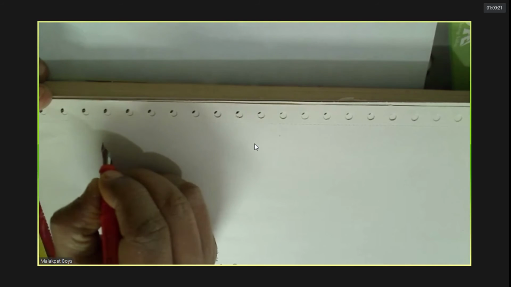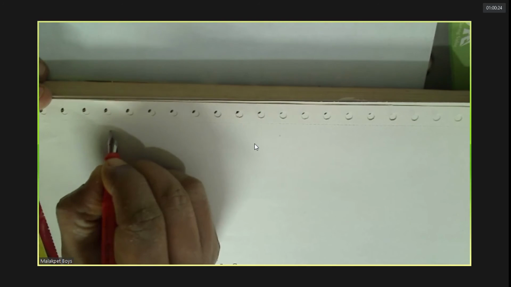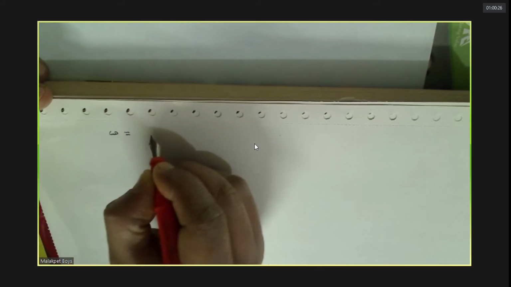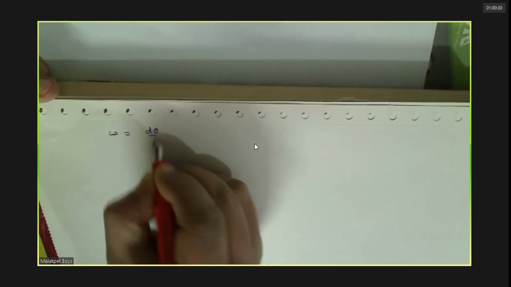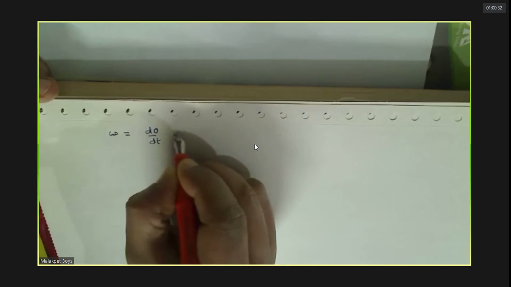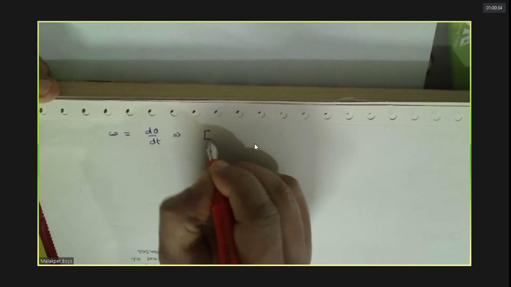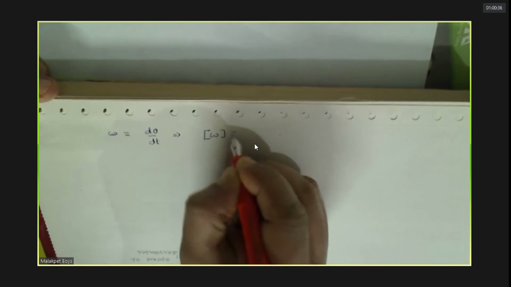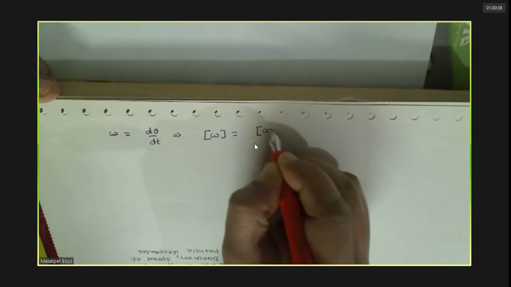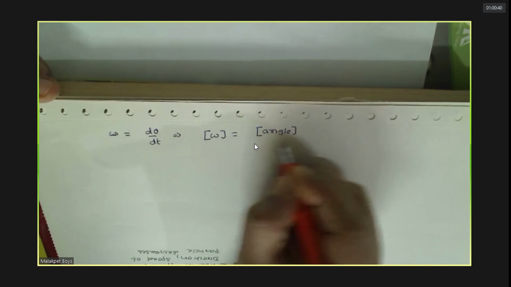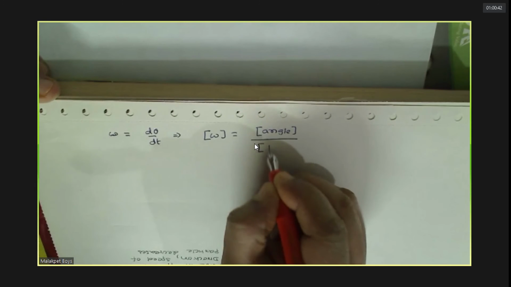So you know that angular velocity has a dimension. Because you know that the dimensions of omega are the dimensions of angle by the dimensions of time.